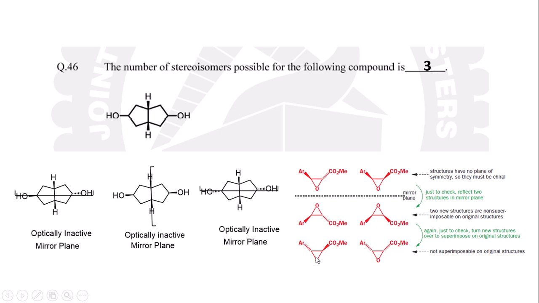They are homomers, and this is also superimposable with this. So they are homomers, but these are enantiomers and these are enantiomers. So this cycloepoxy compound gives 4 isomers that are optically active.